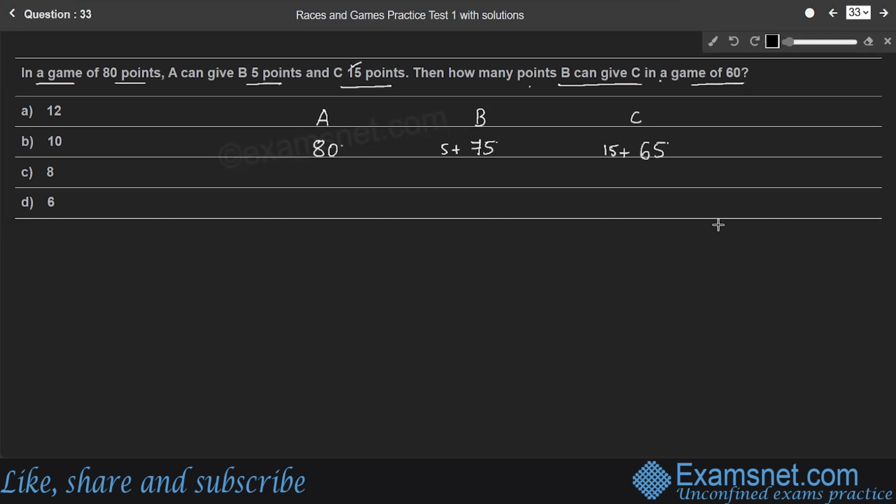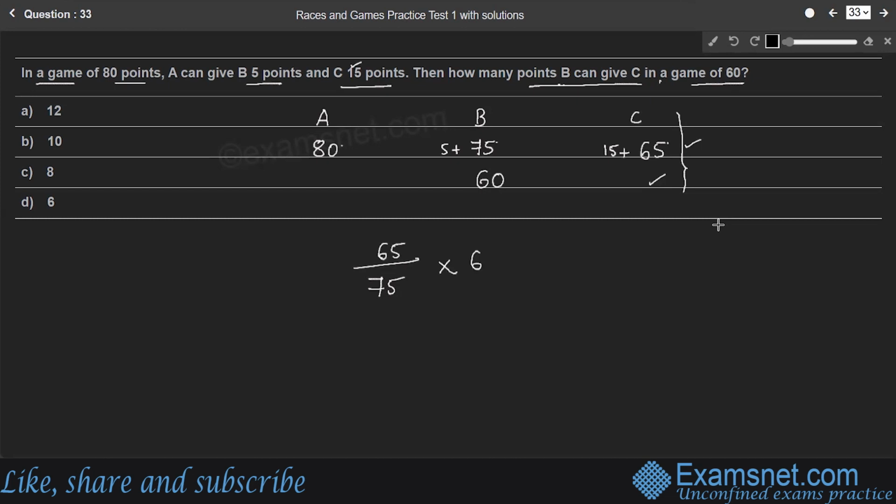Then how many points can B give C in the game of 60? In the game of 60, if B gets 60, what will be the score of C? First we need to find that, right? Very simple question. We need to find the score of C in the game of 60. So very simple calculation: if B gets 75 points, C's score will be 65.